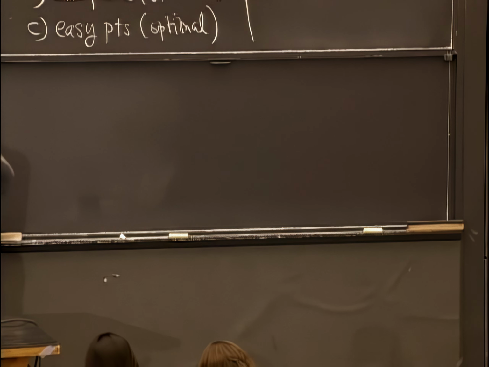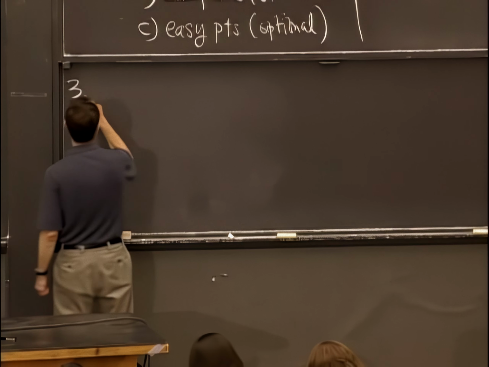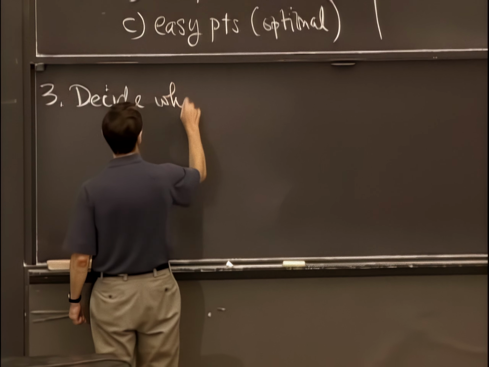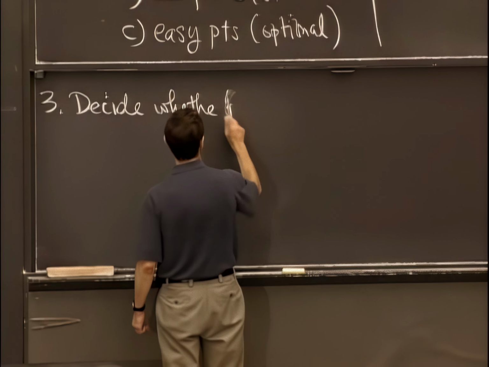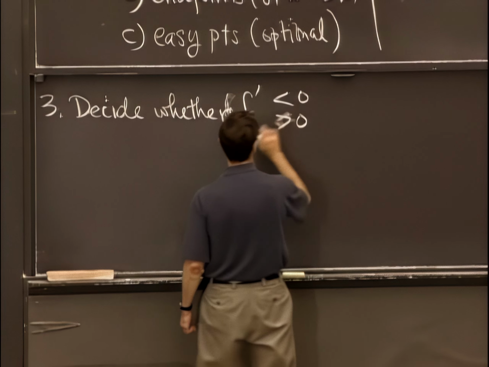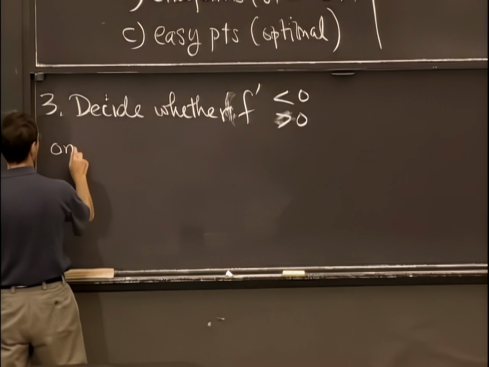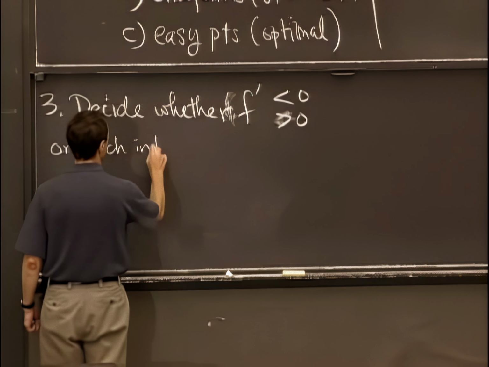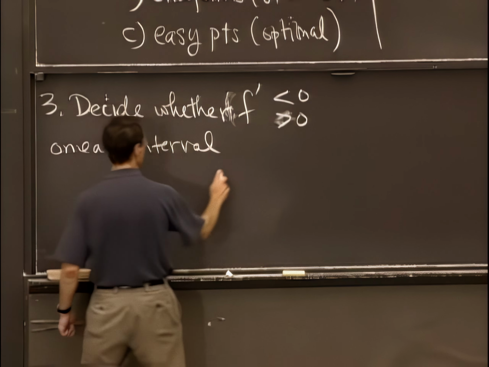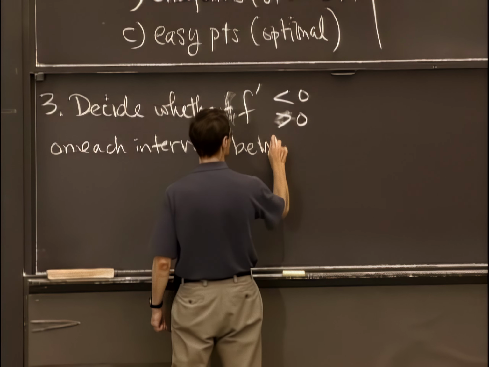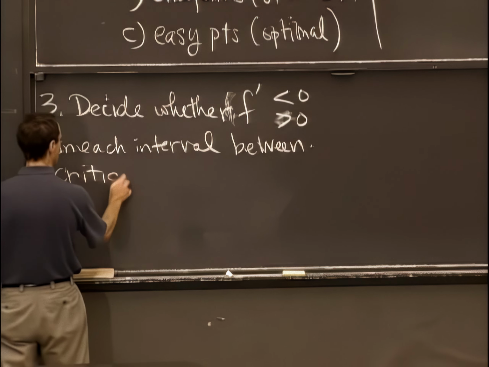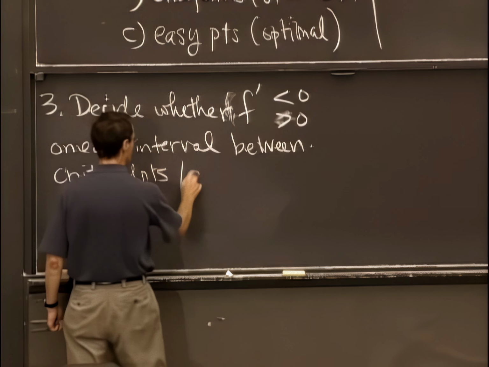So the third step is to decide whether f prime is positive or negative on each interval between critical points, discontinuities.